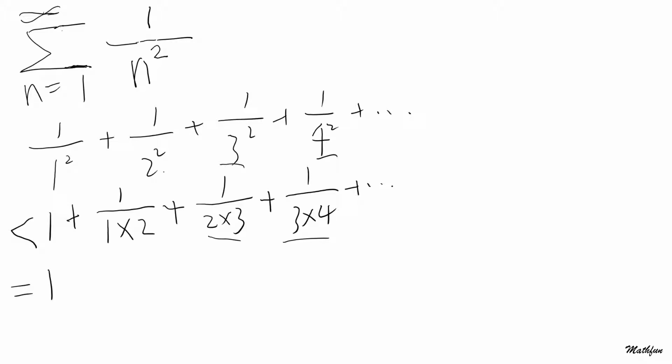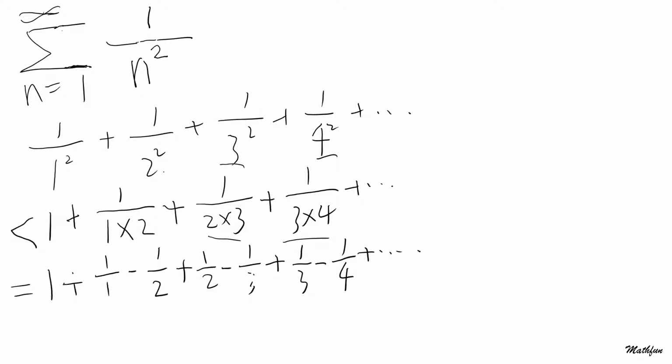This one equals 1 plus, now this one equals 1 over 1 minus 1 over 2, isn't it? Plus this one equals 1 over 2 minus 1 over 3. And that one equals 1 over 3 minus 1 over 4. And you can just continue on that way.